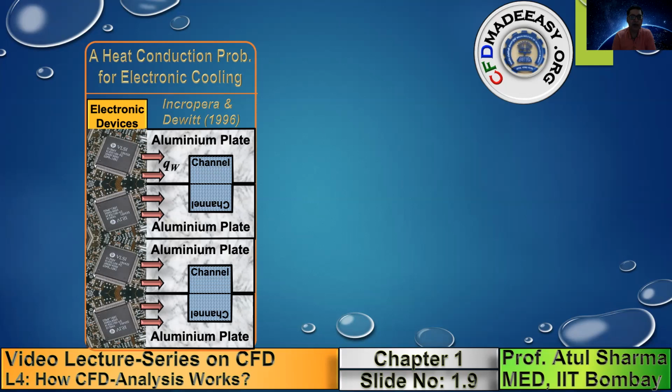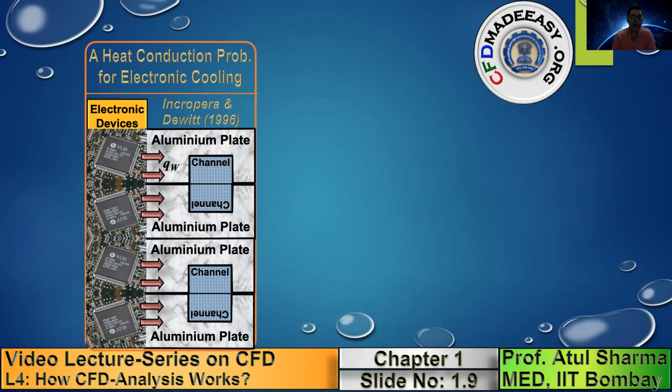So the heat which is coming from this side will pass through the aluminum plate, and it cannot go out from the right side, since this surface is insulated.